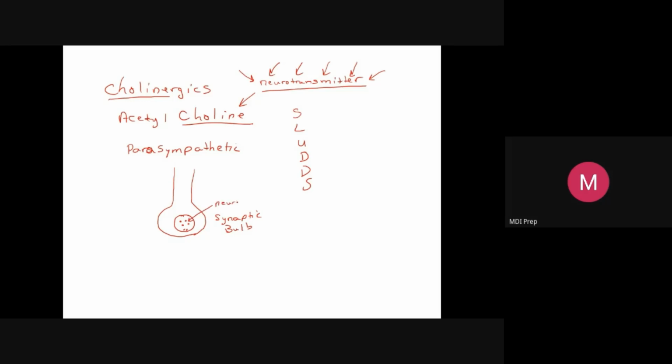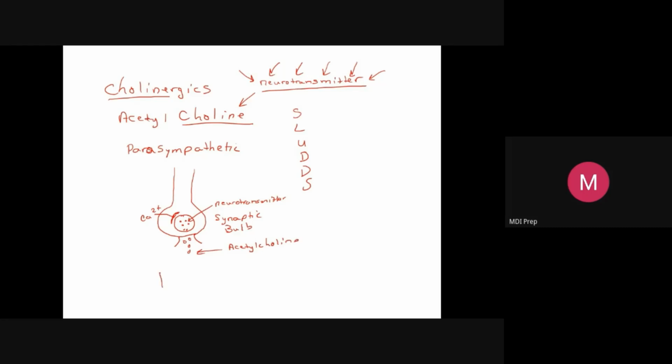Anybody know what ion causes this neurotransmitter to be released? Calcium. Very good. So calcium can come in, bind to this vesicle, and cause this neurotransmitter, which we're going to call acetylcholine, to be released, okay?